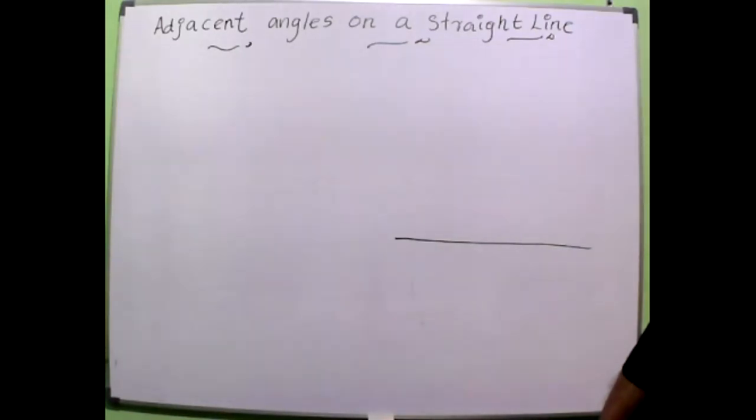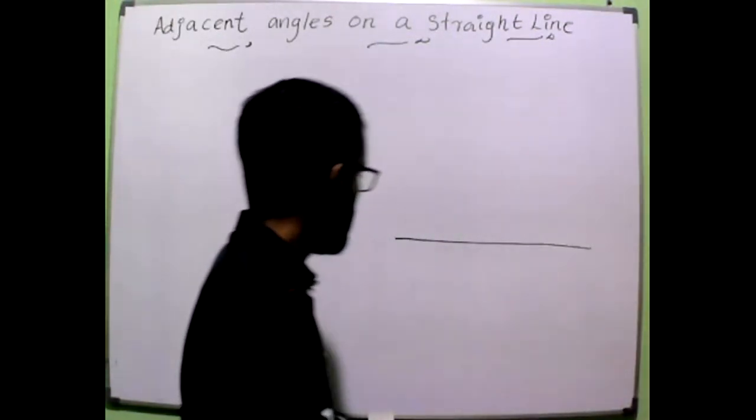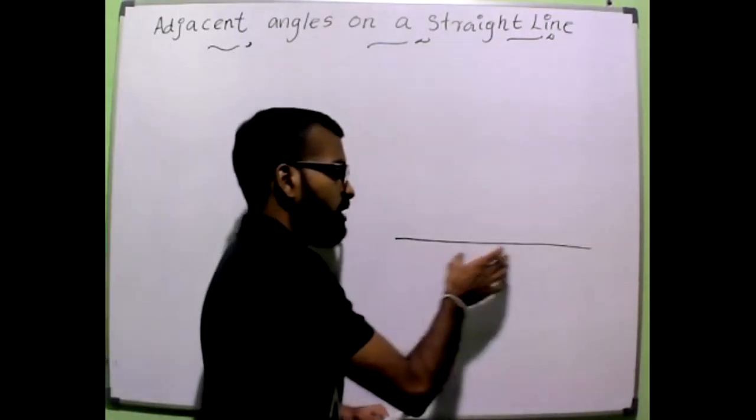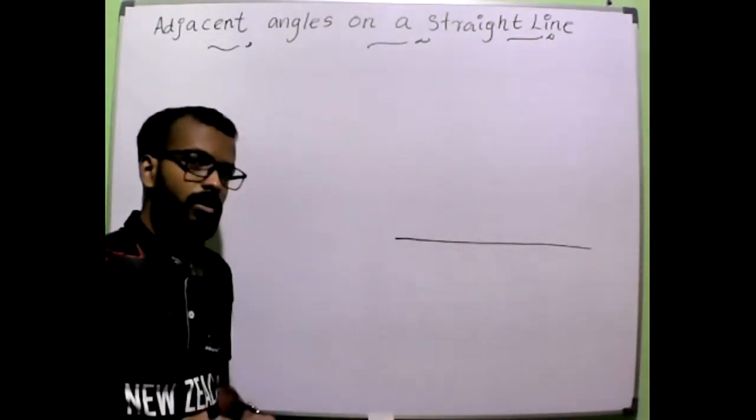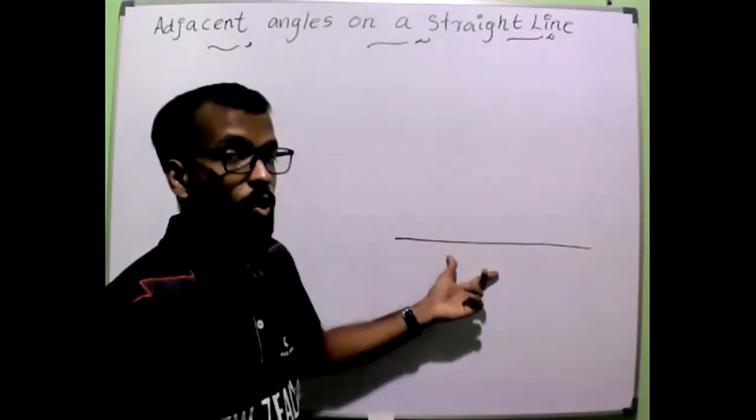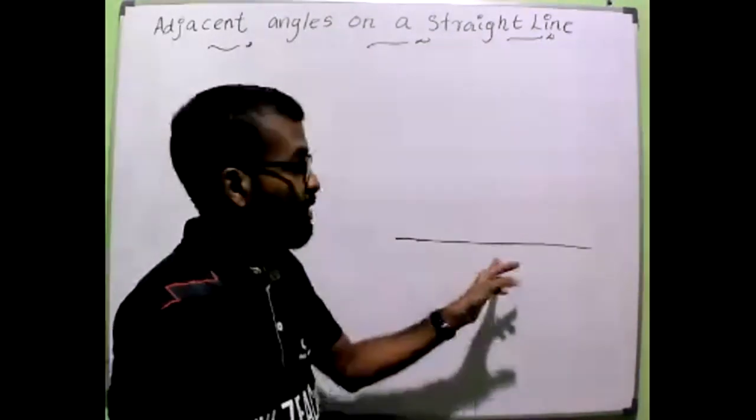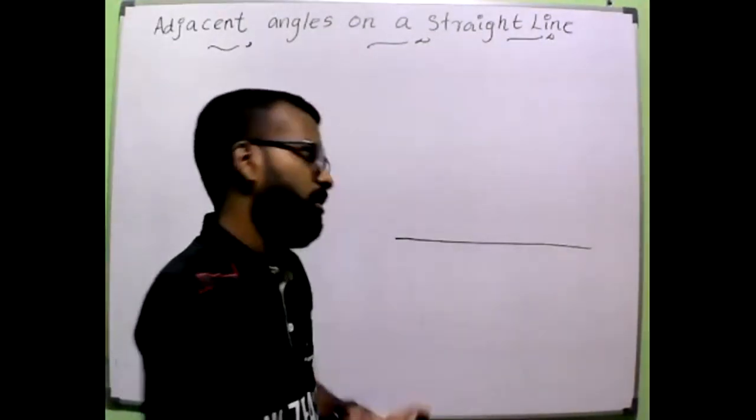We discussed that before the last week, at the beginning of the lesson. So what is it called? When you see a straight line, there is a corresponding angle to this straight line.